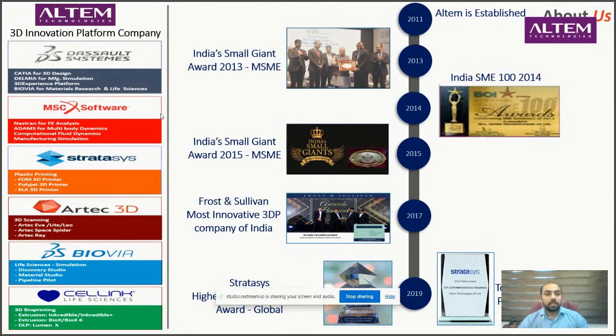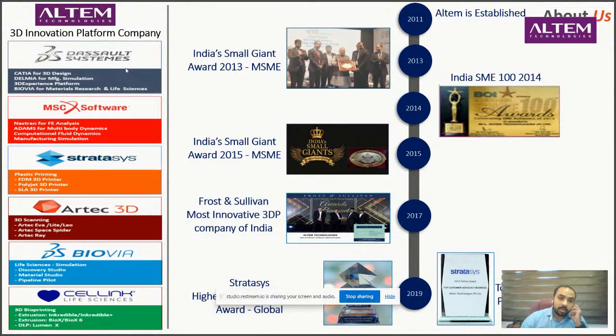The first is the Dassault Systèmes suite, basically for the CAD part, where you can design your idea or your products in SolidWorks, CATIA and DELMIA. For the simulation part, to analyze motion study as well as each and every kinematic segment, we have MSC software.